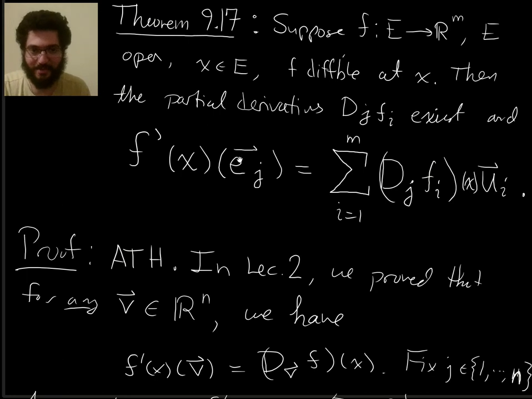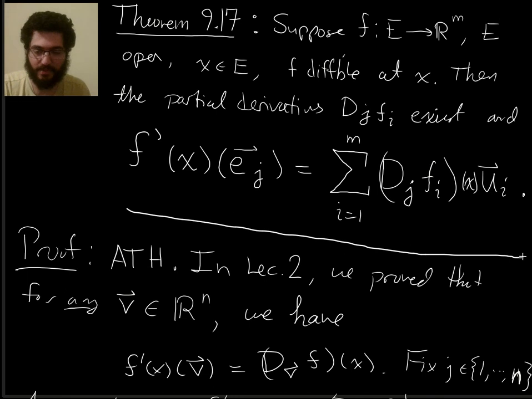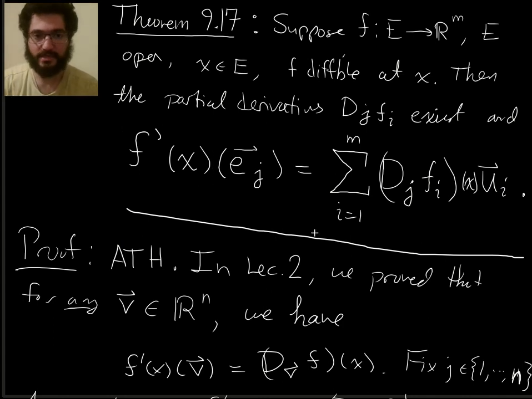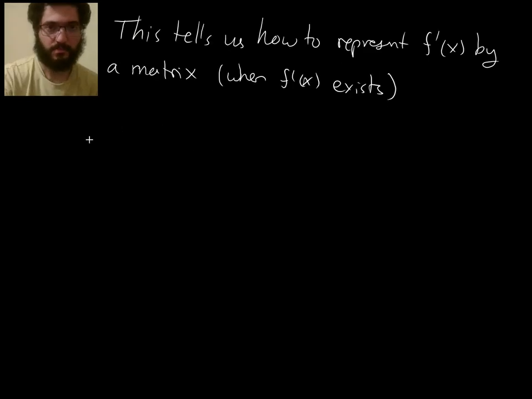So now we know about the matrix components when you try to represent this linear map as a matrix using the standard basis. So this tells us how to represent f prime x by a matrix when f prime x exists.